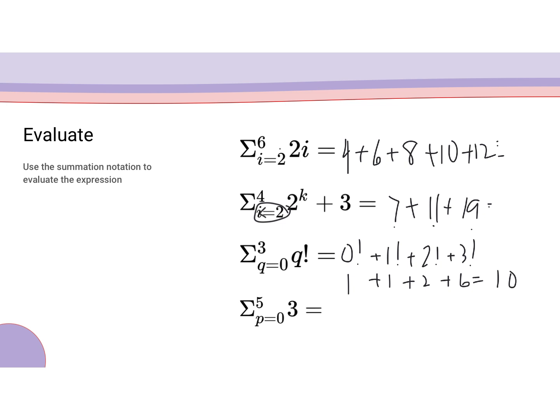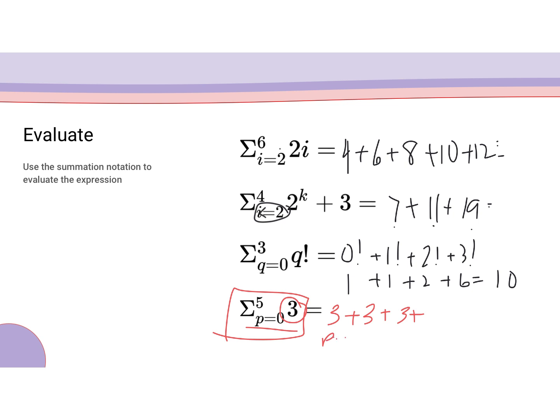And now this is an interesting example as well. Do you notice how there's no p-value here? It's just 3. So I'm not changing any values. I'm literally adding this value. That's p equals 0. That would be if p equals 1. This would be if p equals 2.